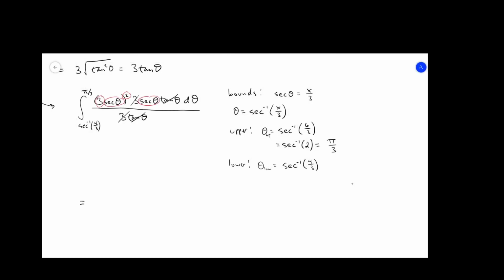So what does that mean we're going to have left here? Take that 9 out front, lower bound still inverse secant 4/3, upper bound pi over 3. What are we left with? Secant cubed. The dreaded secant cubed integral.